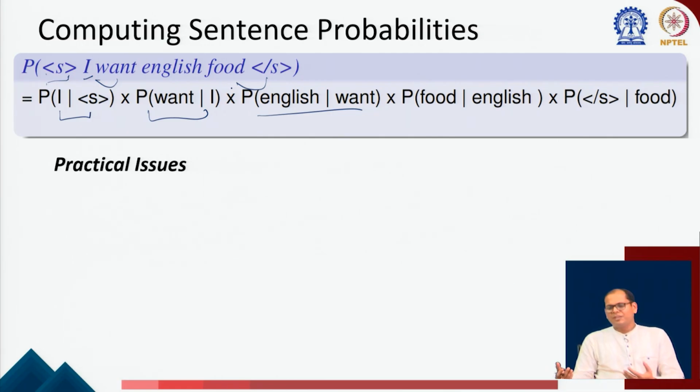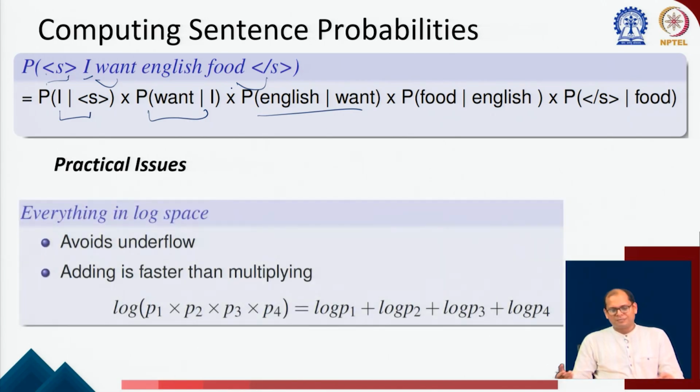Even after this approximation, if you have a long sentence, you're multiplying multiple probabilities, and what can happen? If you're multiplying probability values, every value is less than 1, so it may actually underflow. It may become less than the minimum precision of the system, and it will turn out to be 0, although it is a non-zero, very small number.